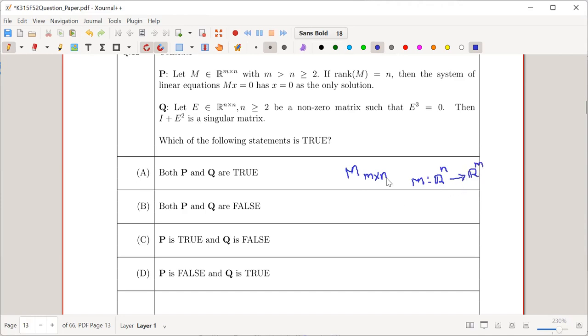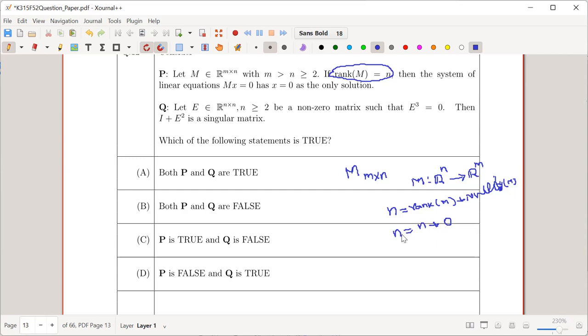Now apply the rank-nullity theorem. The dimension of the domain equals the rank of M plus the nullity, where nullity is the dimension of the kernel. It is given that the rank of M is n, therefore n equals n plus nullity, so the nullity should be 0.